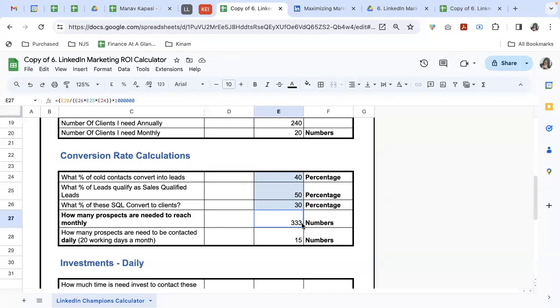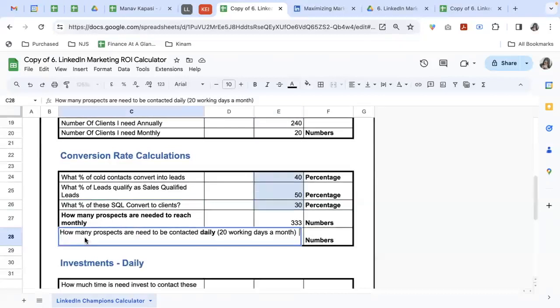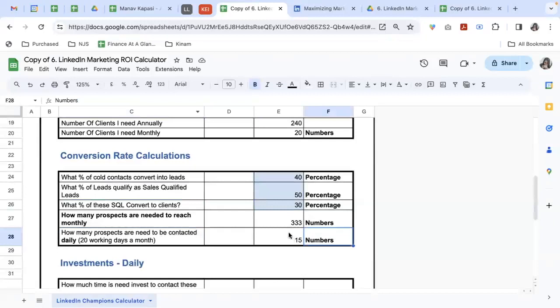Now, how many prospects need to be contacted daily? We have not divided it by 30. Here we have divided it by 22. If you have 20 working days, you can come and write 20 over here in the formula. If it is 22, just come into the formula and make it 22.